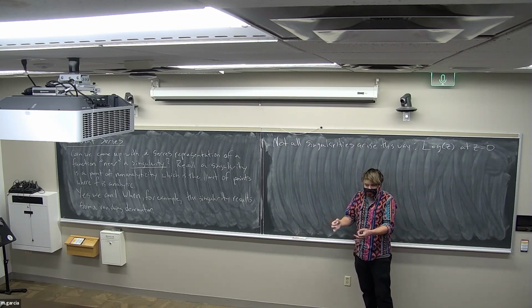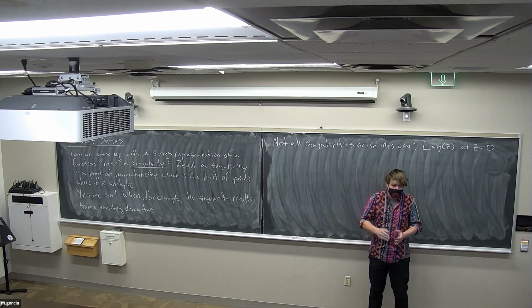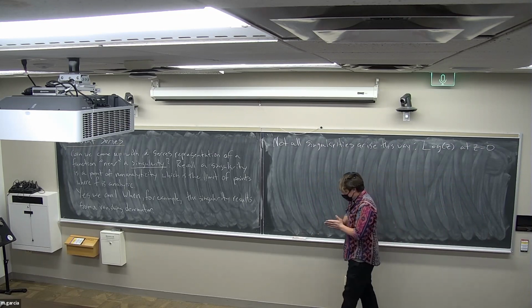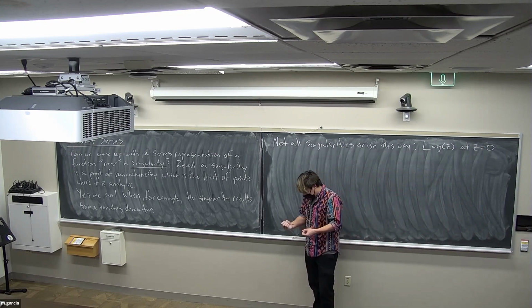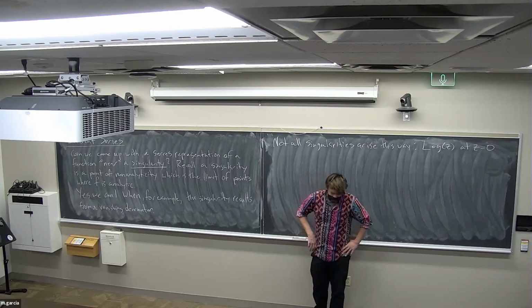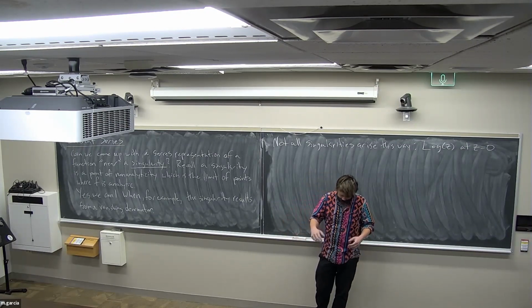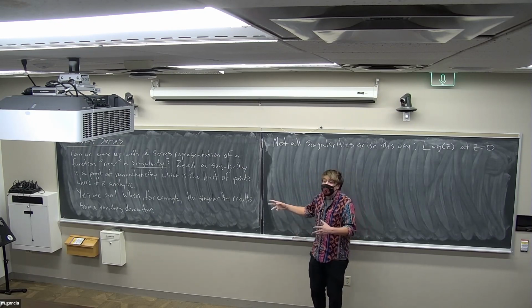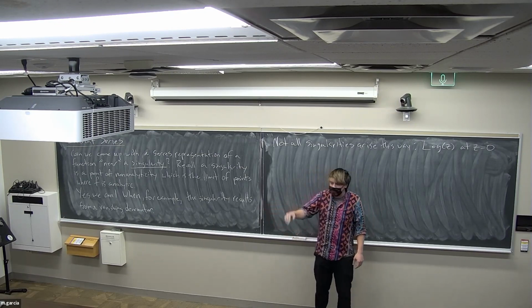That might not be clear, but suffice it to say, I really hope we get to this, but we don't have the machinery to discuss it yet. Somehow the singularity at z equals 0 for log z is more essential. It can't be dealt with in any nice way. I'll try to make that more precise before the end of the term.